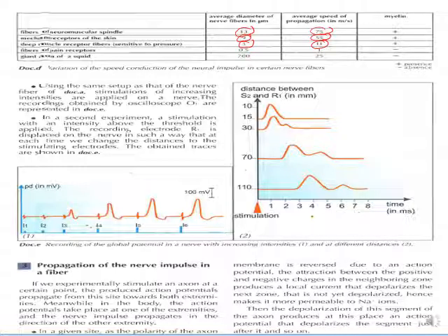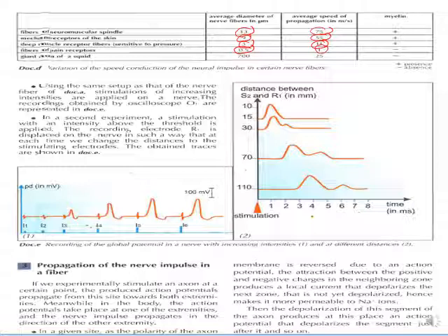And when the average diameter decreases to 0.5, the speed decreases to 1. So the average speed of propagation decreases whenever the diameter of the nerve fiber decreases. This indicates that the average speed is directly proportional to the diameter of the nerve fiber.